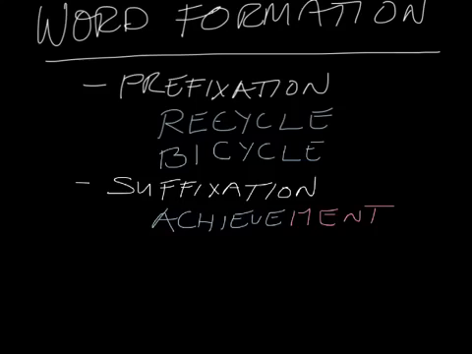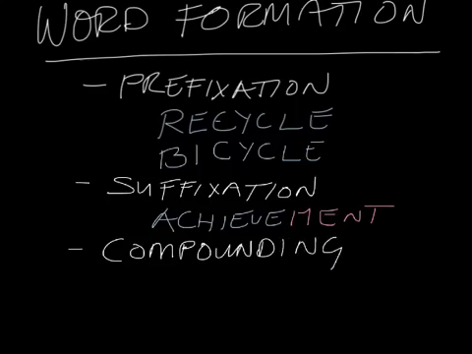And lastly, there's something called compounding, which is a process where you combine two separate words, and you have a new word. For example, the word eye, we all know what eye means, and we have another word, ball.